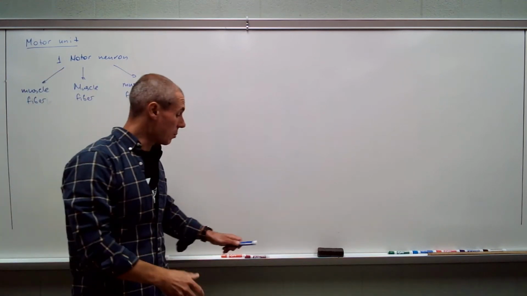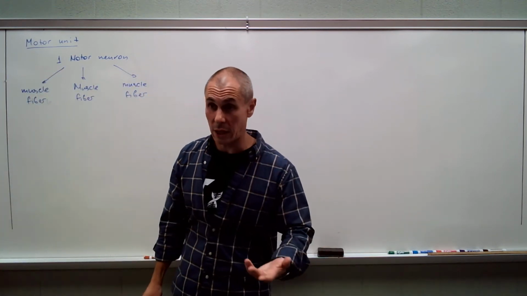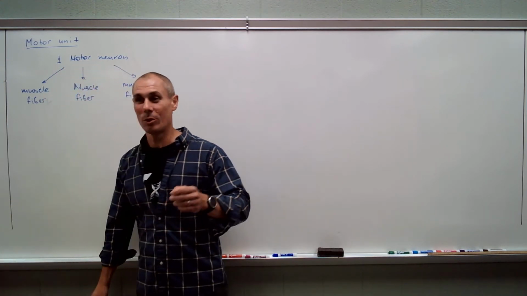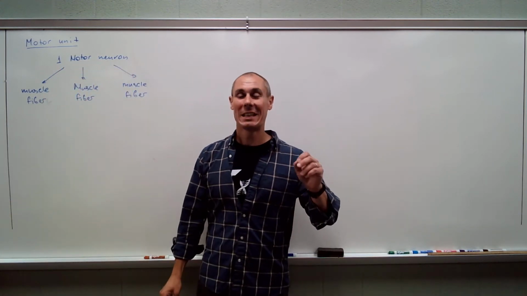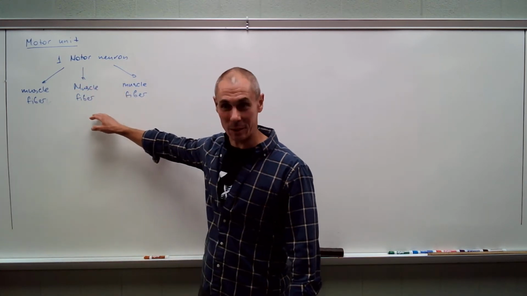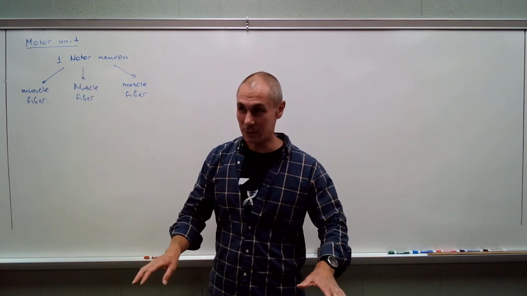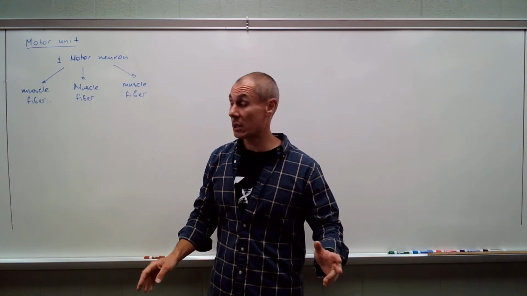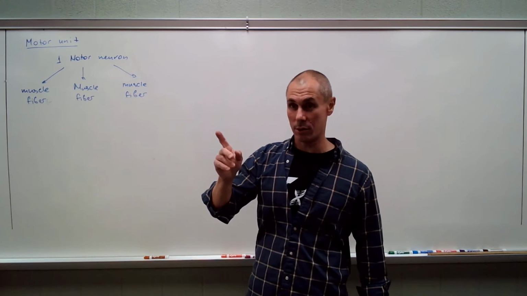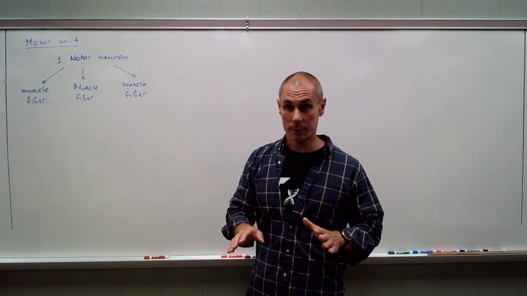So the smallest possible motor unit consists of a single neuron and a single fiber. Does that make sense? The largest can have thousands of muscle fibers under the control of one neuron. Are we clear?